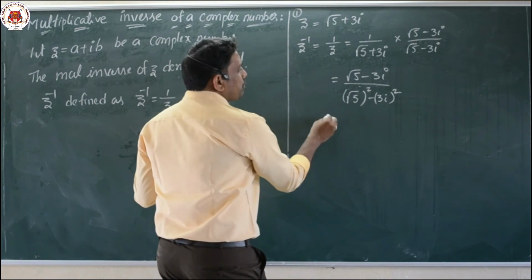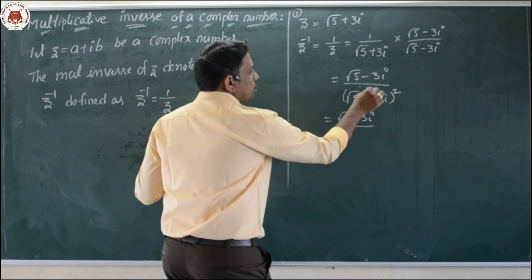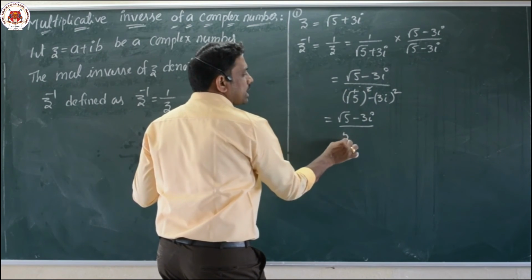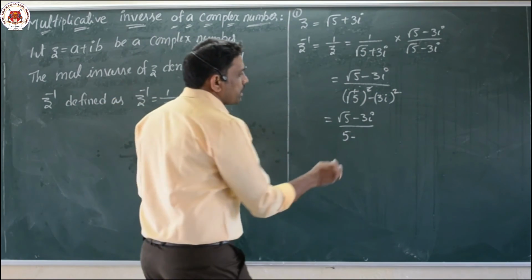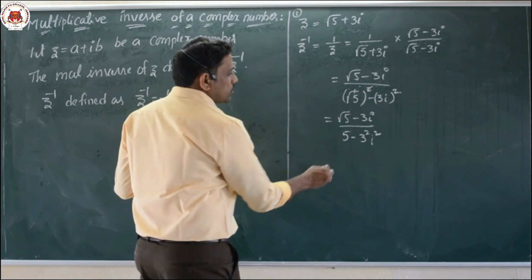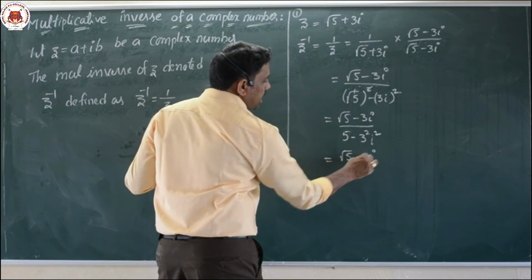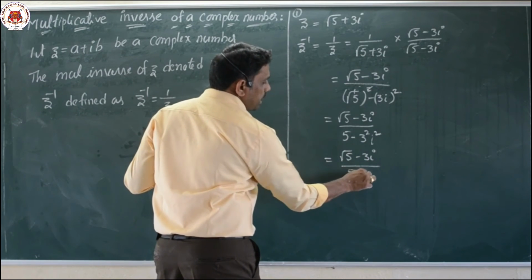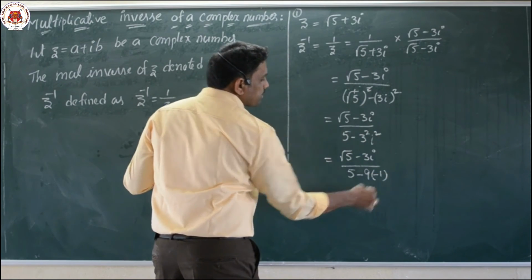So if we simplify, this is root 5 minus 3i. Here square and root cancel, then here 5 is there, here square for both the terms, make it separate. That means 3 square and this is the i square. So the answer is root 5 minus 3i by 5 minus 3 square value is 9, i square value is minus 1.